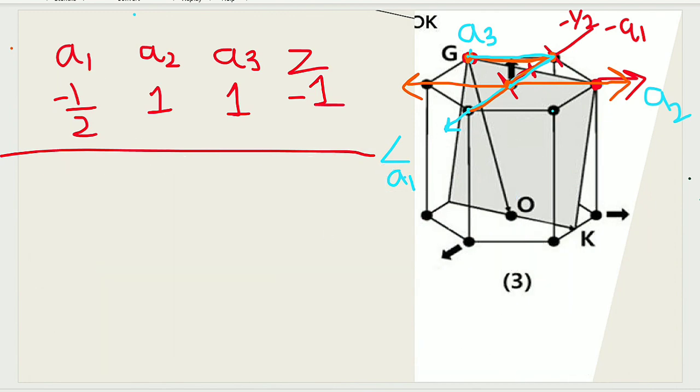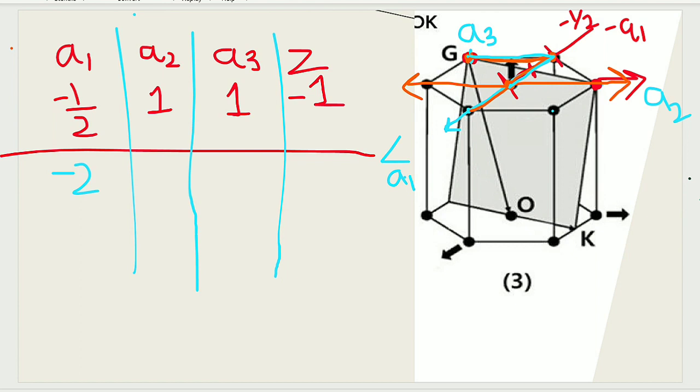Now we need to find out the final indices. Let us find it, because I'm now considering the a1 axis also side by side, since we all know that all these indices are similar in M indices and MB indices. Taking the inverse of minus 1/2 is -2.